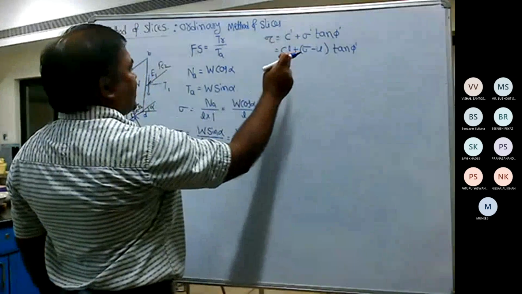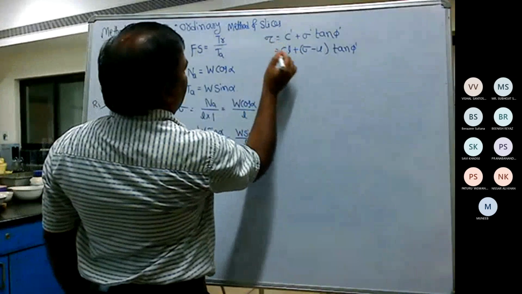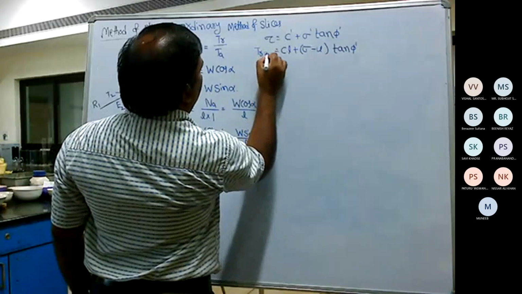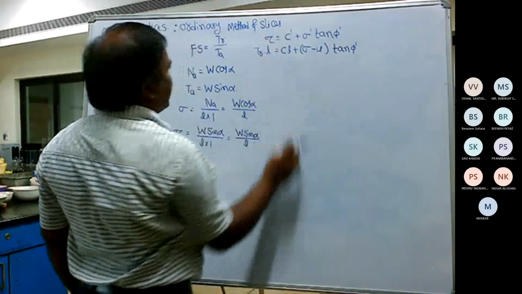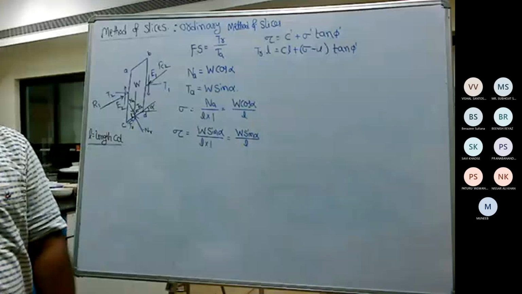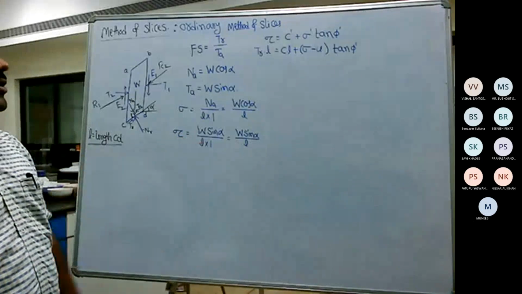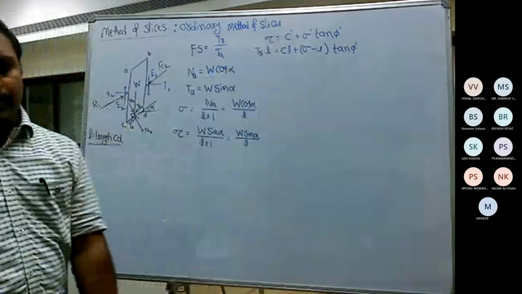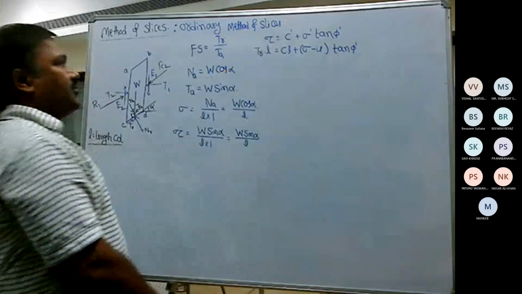So this can be written in terms of TR, so this TR multiplied by L. So this tau can be written as TR multiplied by L. So this is the shear strength.